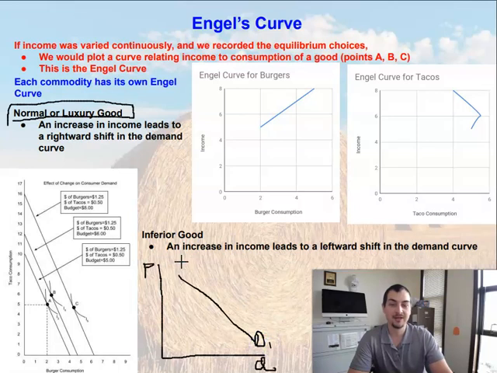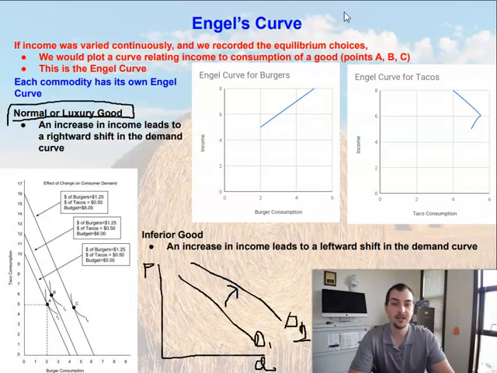Any time we have an increase in income and it is a luxury good, let's say hamburgers, and we are consuming more, it's going to be a rightward shift of the demand curve, because we are consuming more because of a higher income, even though prices didn't change.